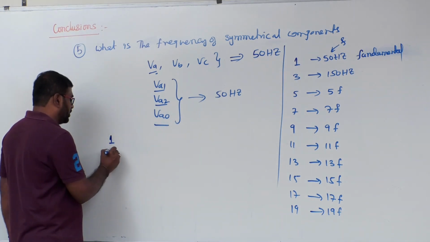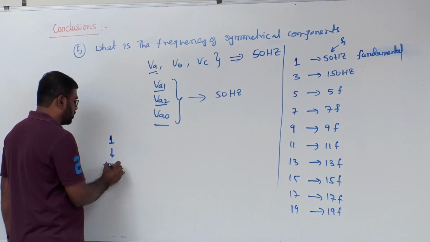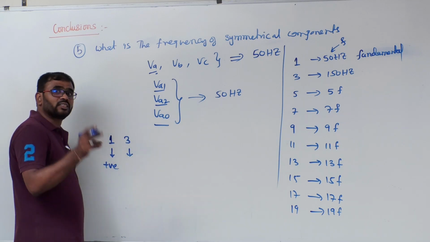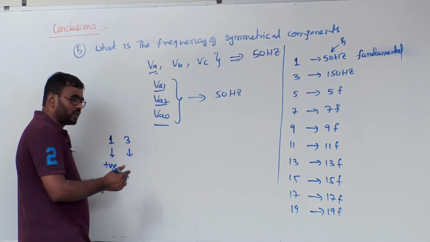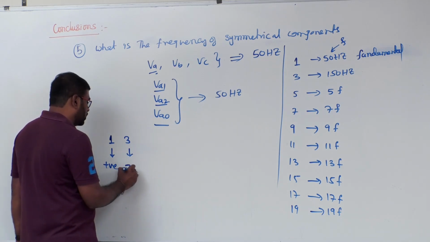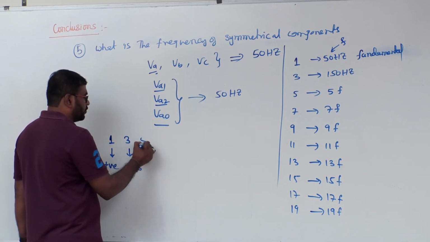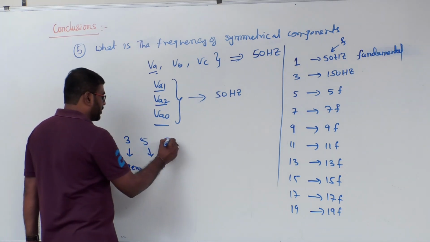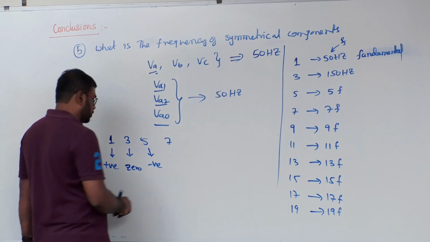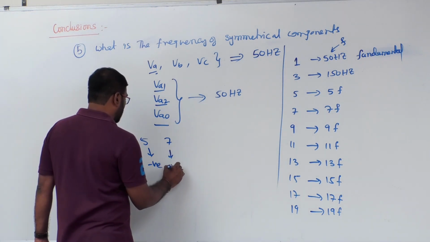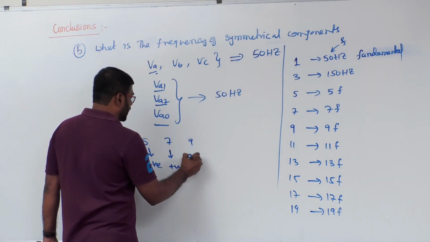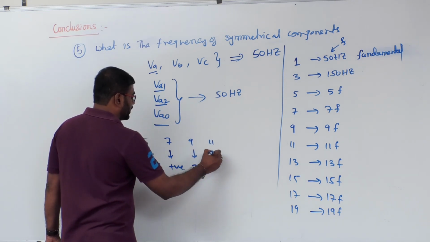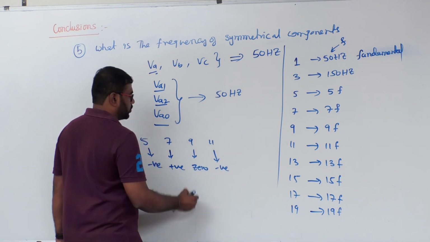So that's why I am writing, sir. The fundamental is just similar to positive sequence. The nature of the third harmonic is just similar to zero sequence. Then the fifth harmonic is similar to negative sequence.